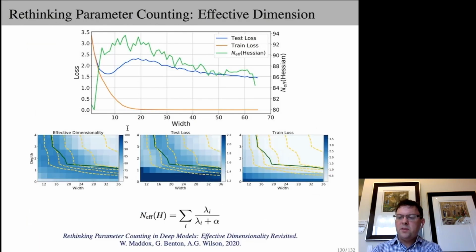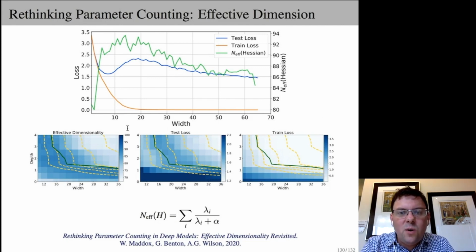We can relate posterior contraction to a quantity called effective dimension and actually gain insights into behavior such as double descent. So effective dimension of the Hessian here is the sum of lambda_i over lambda_i plus alpha, where alpha is a regularization parameter and lambda_i are the eigenvalues of the Hessian.